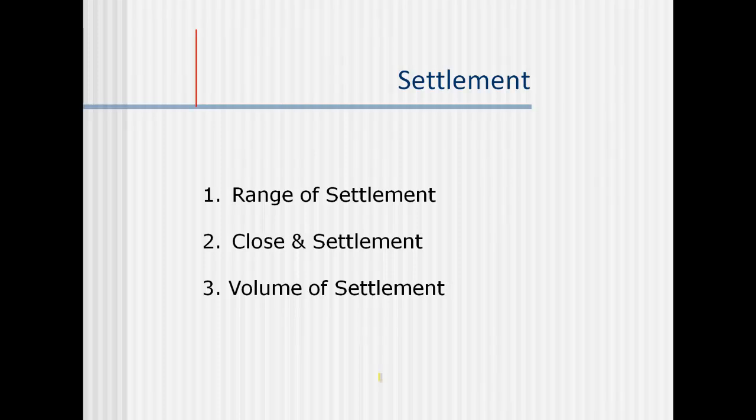All of these things we can't really definitively identify what they're telling us until we look at the evening session and what follows the settlement period.